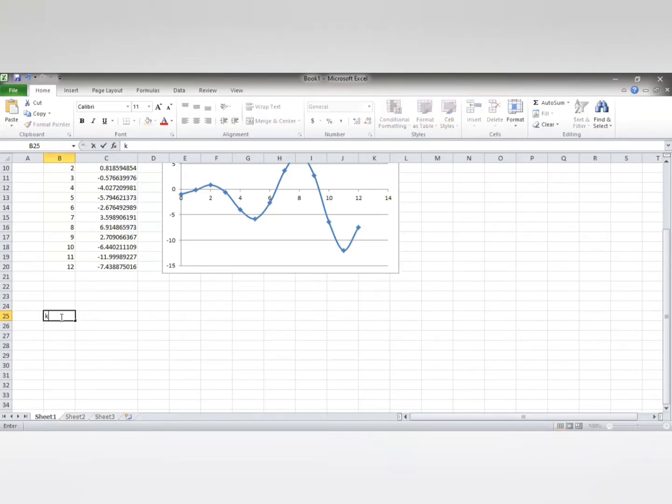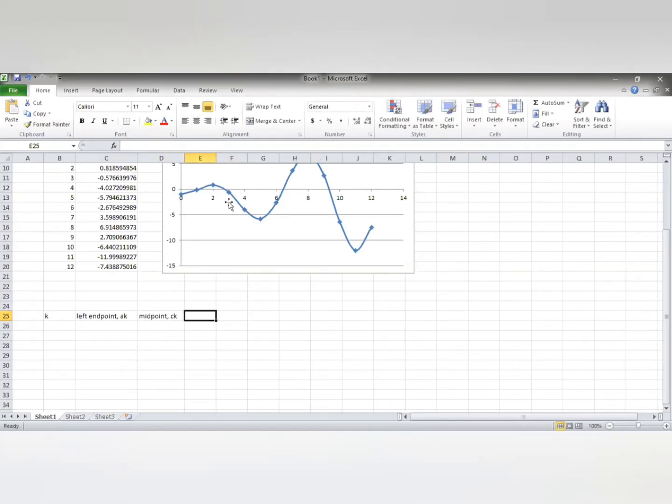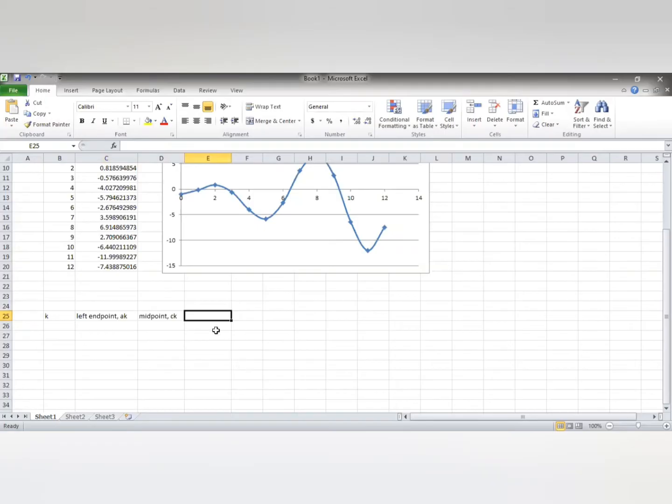So I have here k for the number of iteration. Then let's have here the left endpoint, so this will be my ak value. Then for the midpoint, this will be my ck value. I have to drag this because the width is very small.